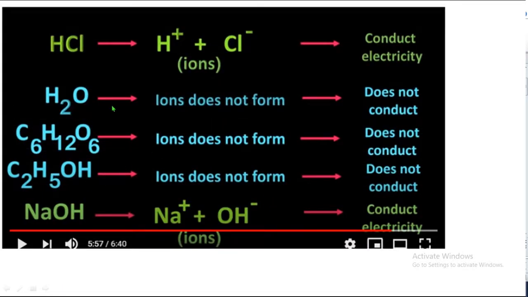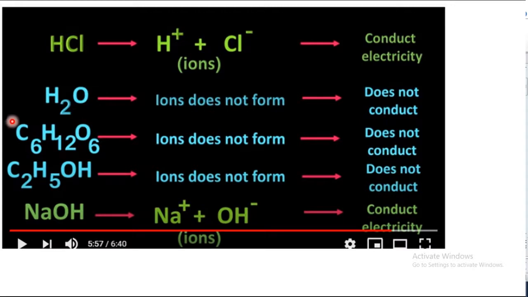So, HCl acids conduct electricity because H plus ions are produced. Here pure water H2O doesn't conduct electricity because ions don't form.